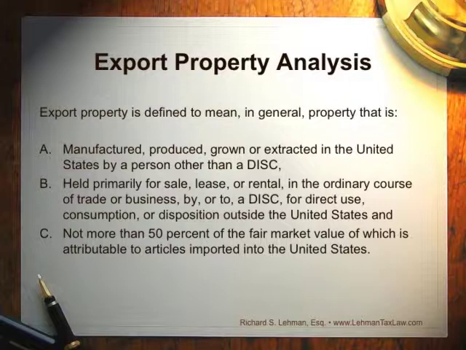It's by wages paid to people who are programming in the United States and putting it together, and then serviced here. So we now have pretty much gotten over the hurdle of understanding why we have export property here.